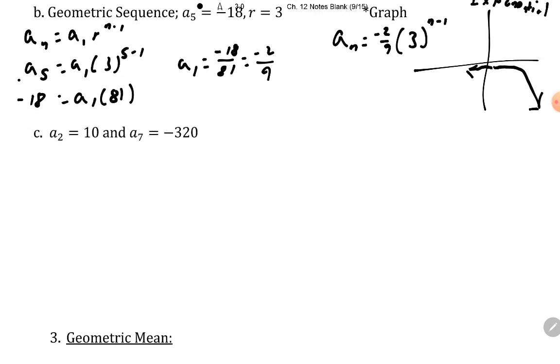Okay, part C. This time they gave us 2 different ones. So they have a sub 2 is 10. A sub n is a1 times r to the n minus 1. So they have 10 equals a1 r to the 2 minus 1, so r to the first.